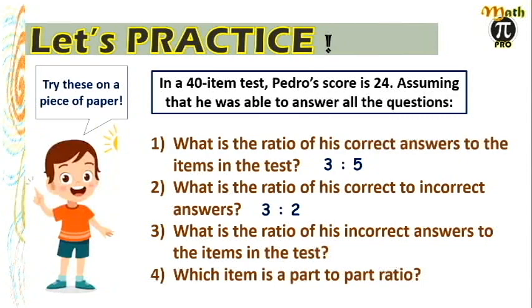So 24 is to 16 in simplest form is 3 is to 2. Number 3, the answer is 2 is to 5. Number 4, the answer is item number 2. So in item number 2, we are asked for a part-to-part ratio, which is the correct answers and the incorrect answers.